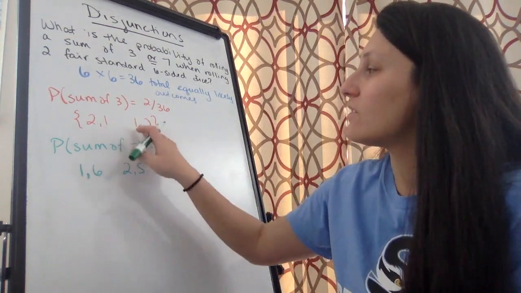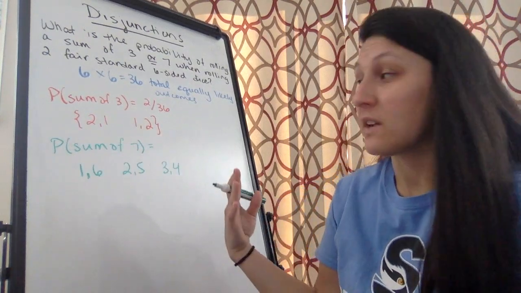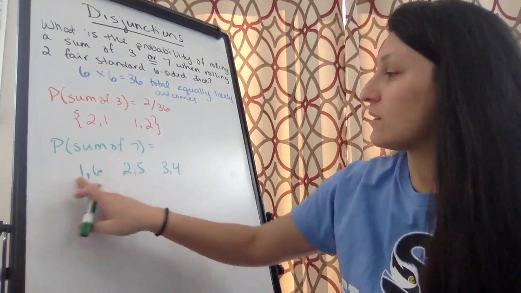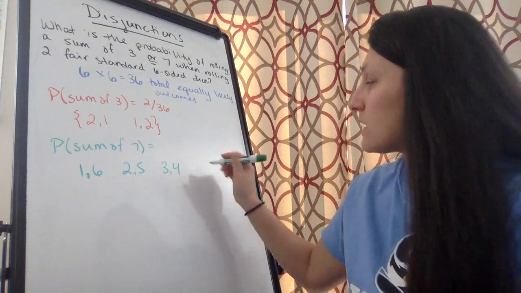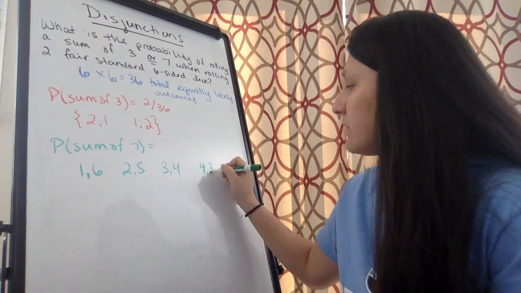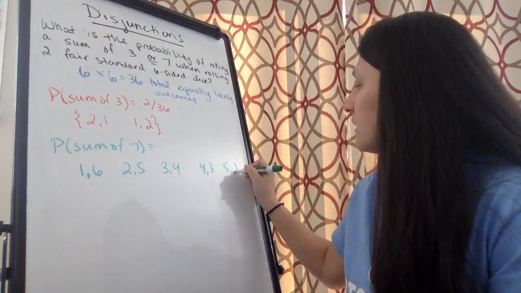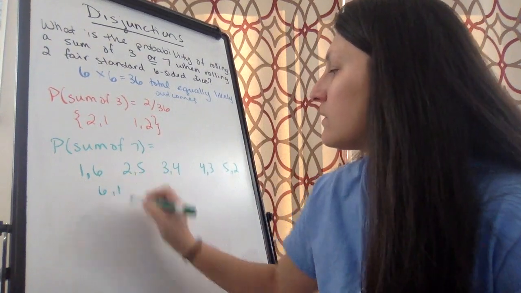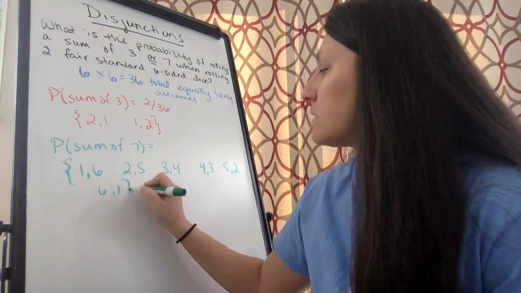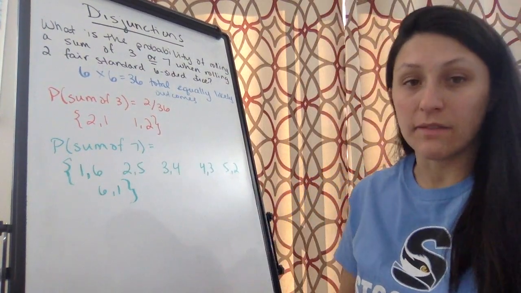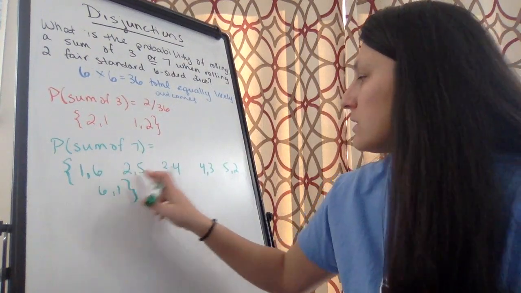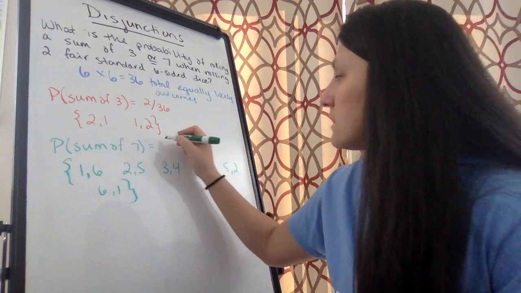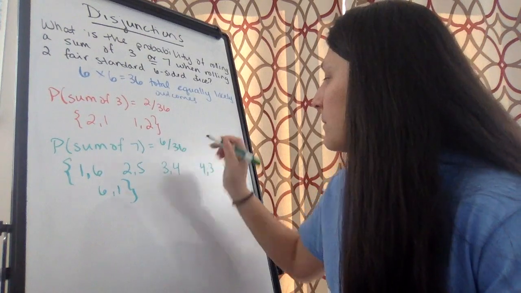But I should really have listed this one first so that it was systematic. So I'm going in order here: 1, 6, 2, 5, 3, 4, the next one would be 4, 3, 5, 2, and 6, 1. All right, so there's all the possible outcomes for rolling a sum of 7. And 1, 2, 3, 4, 5, 6, we get 6 out of 36.